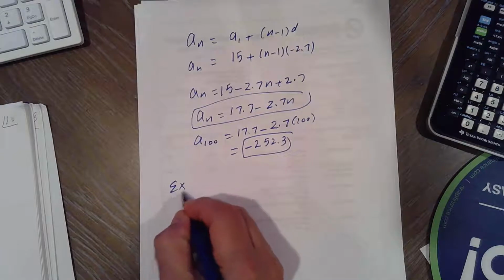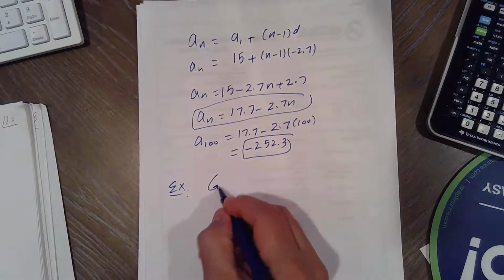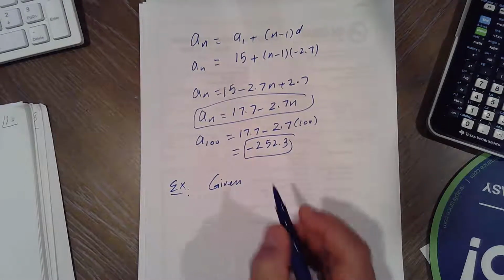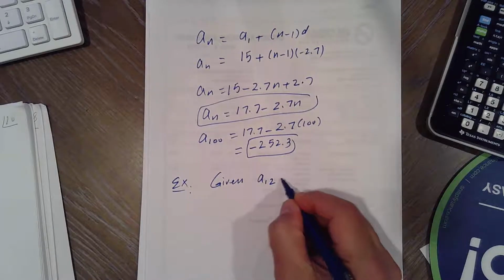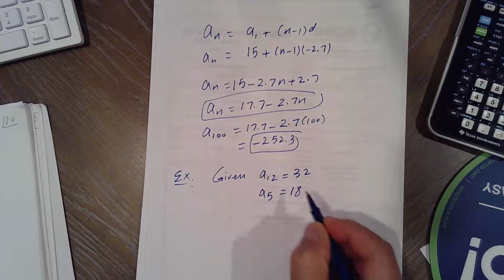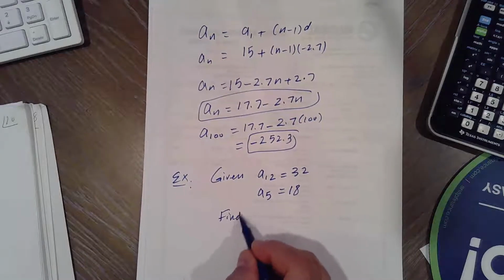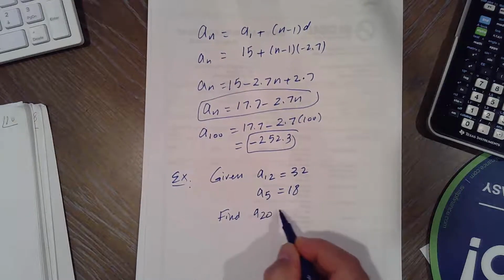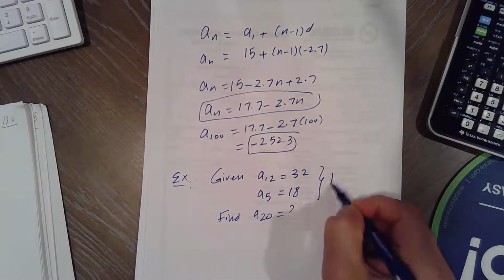Okay, if I give you a question on the test, if I say given the 12th term of an arithmetic sequence to be 32 and the 5th term to be 18, find the 20th term. We know it's arithmetic.